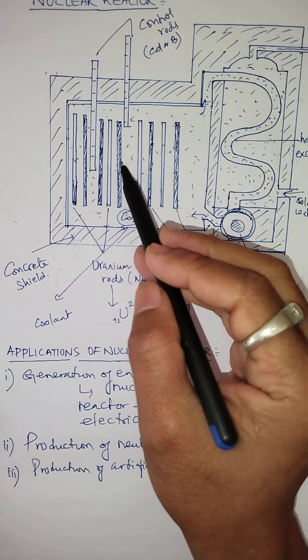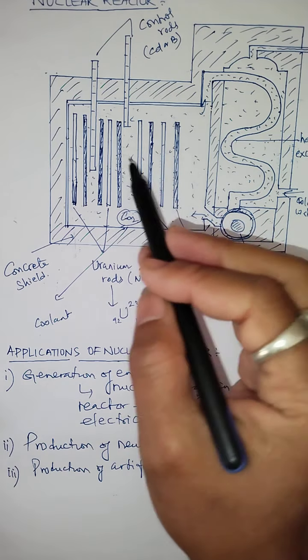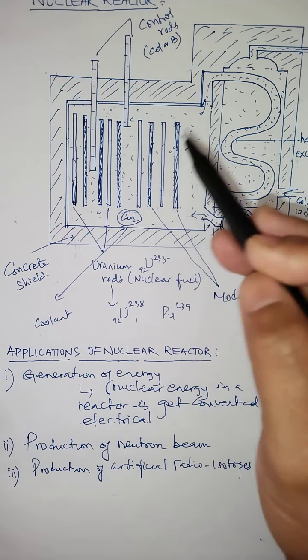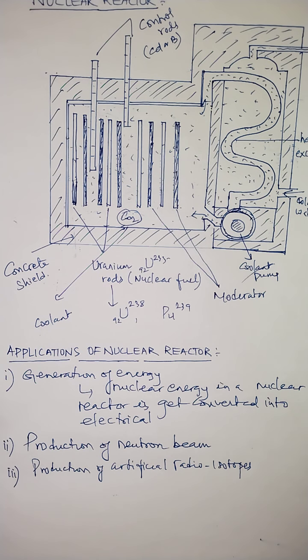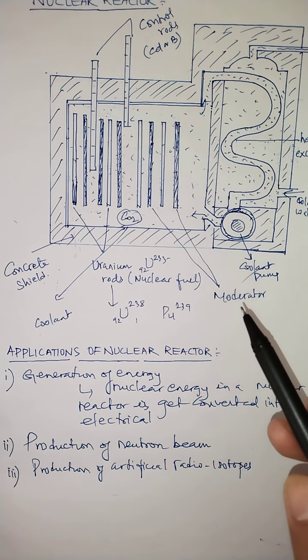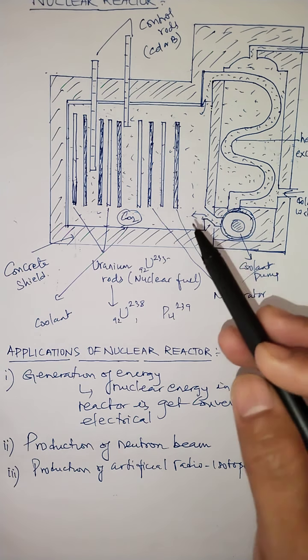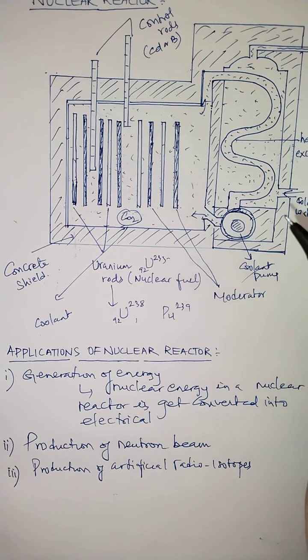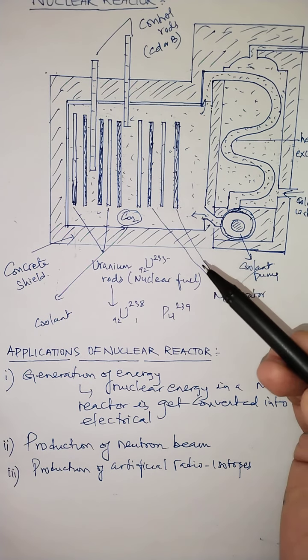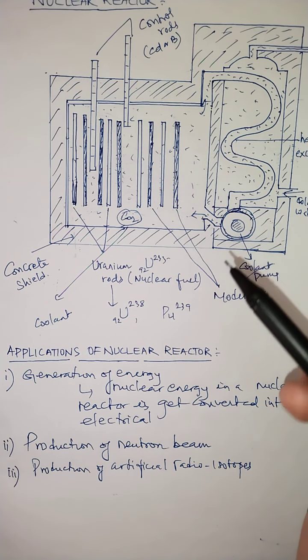That means when fast neutrons are emitted in the nuclear reactor, they are allowed to bombard the element placed inside the nuclear reactor. Thus these radioisotopes are utilized in medicine, biology, agriculture, industry, and some scientific discoveries also.